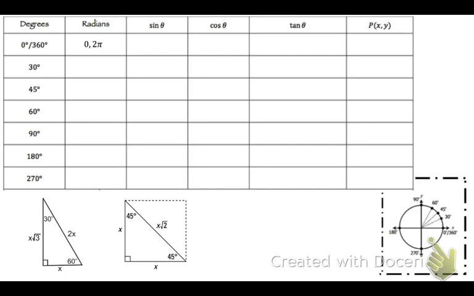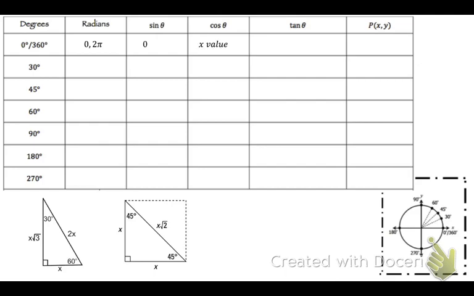Now we need to find the sine of 0 degrees. 0 degrees is right here. Sine is my y value. The y value right there is 0 because it's still on the x-axis.